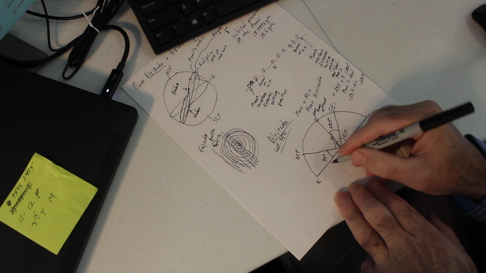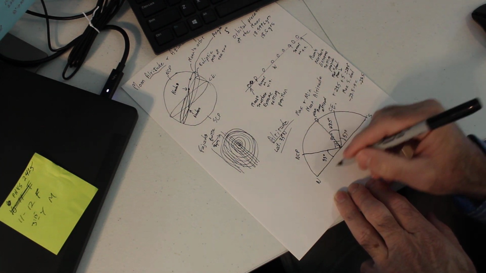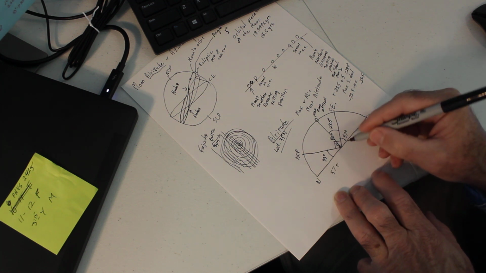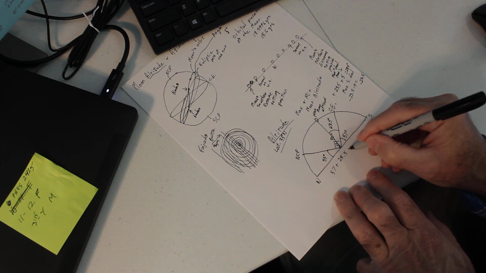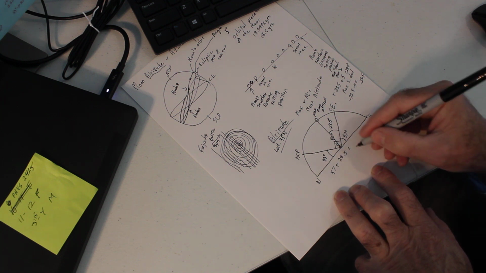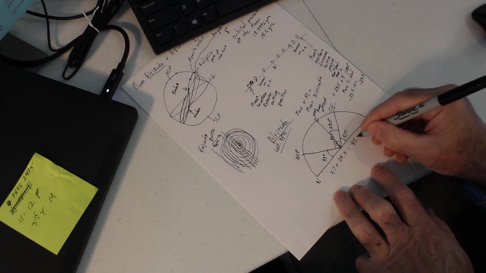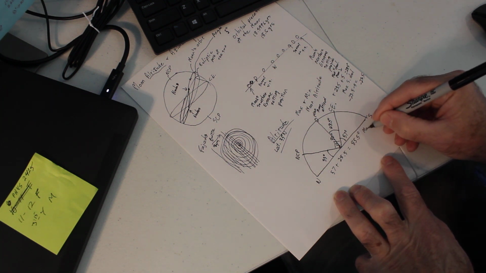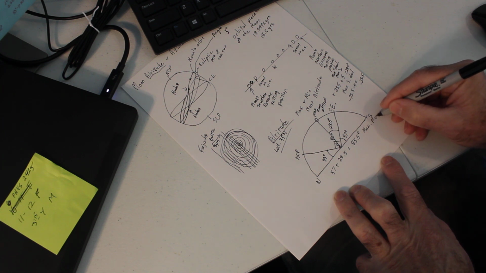And then to figure the altitude, remember, is this whole thing, it would be 57 plus 28.5, which gives me 85.5 degrees. That's the maximum moon altitude.